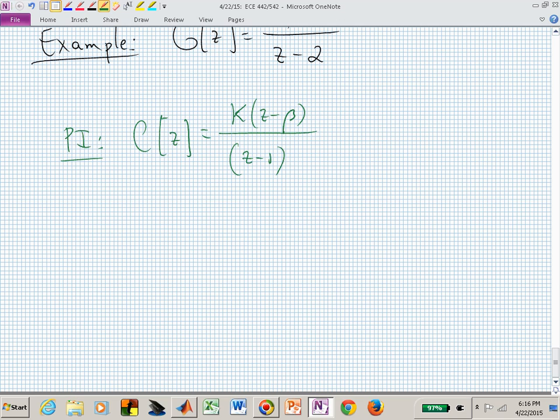So that if that's what we have, now our plant starts there. Our PI puts that there. Where would we want to put our 0?